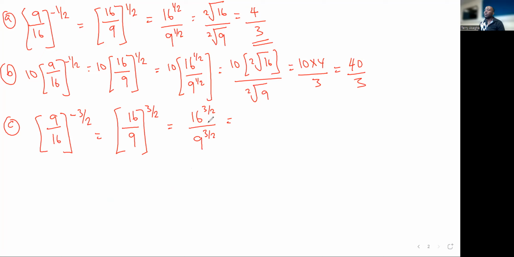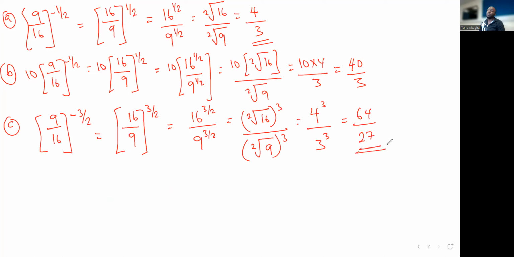This is going to be the square root of 16 all raised to the power 3 divided by the square root of 9 all raised to the power 3. The square root of 16 is 4 to the power 3, divided by the square root of 9, which is 3 to the power 3.